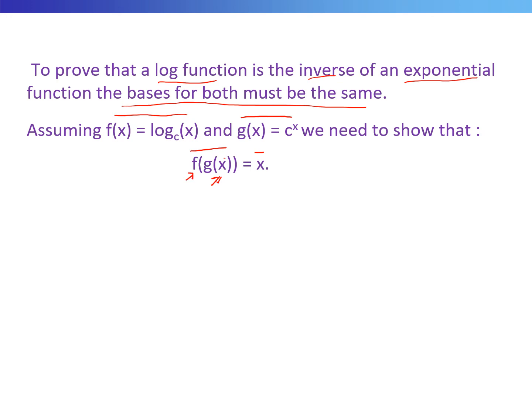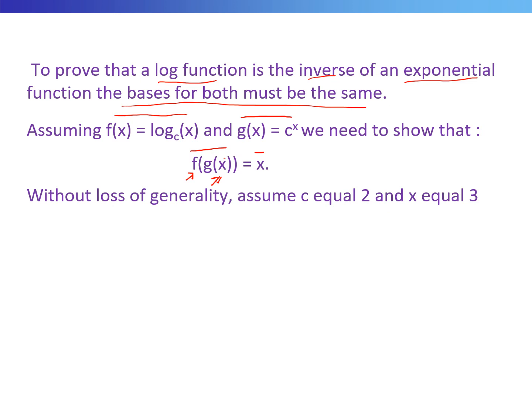Let's take a look at how we approach it. Without loss of generality, let's assume that c is equal to 2 and x is equal to 3. So we're going to replace every c by 2 and every x by 3.